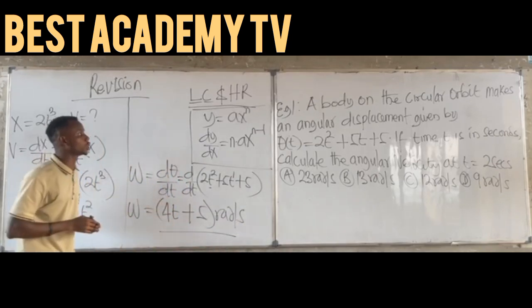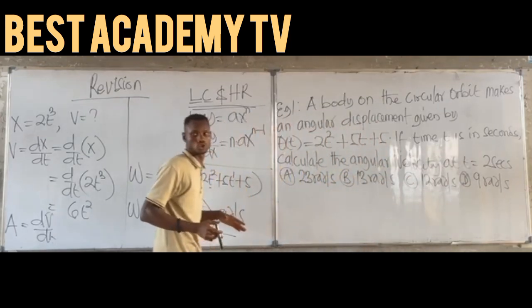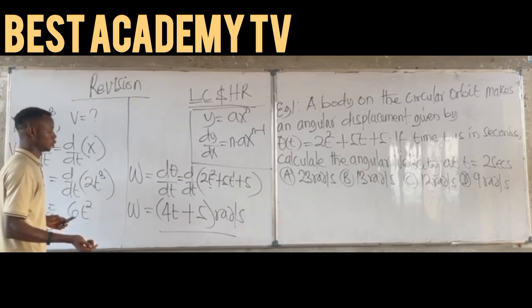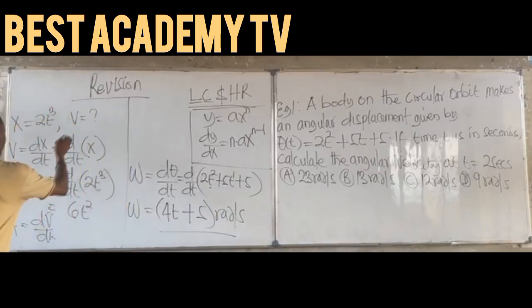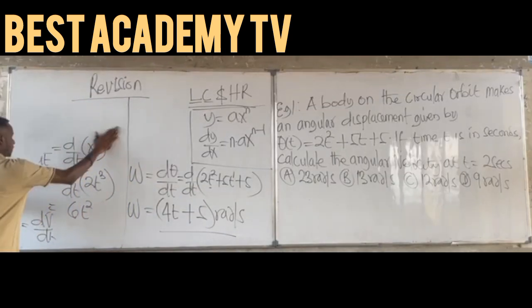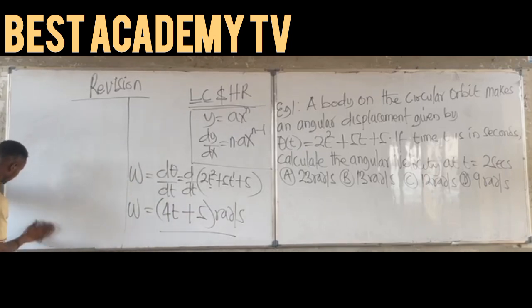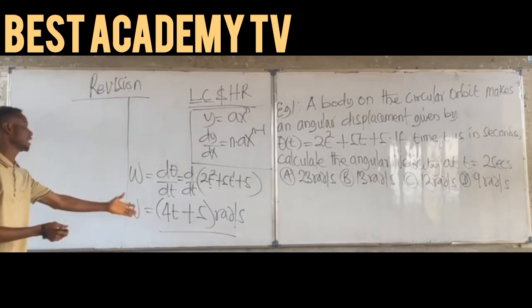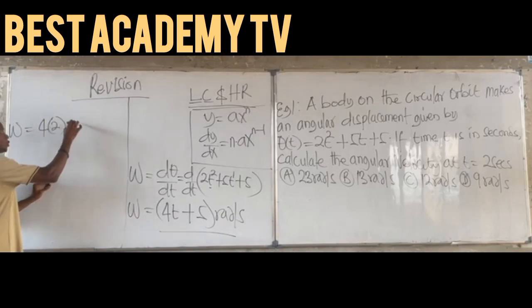But if you look into the condition here, they gave us the time, that is t. What's our t? This is 2. So we present our t as 2 here. Our omega here, please take note, is going to be 4 into 2, right, plus 5.